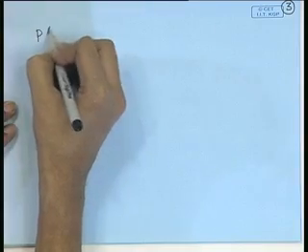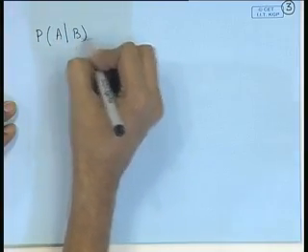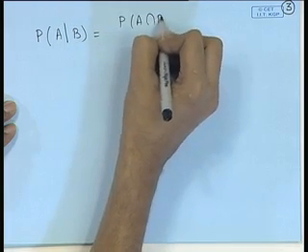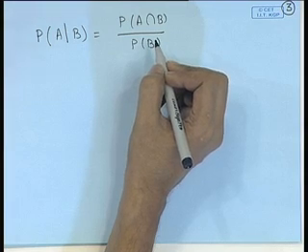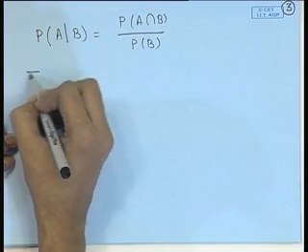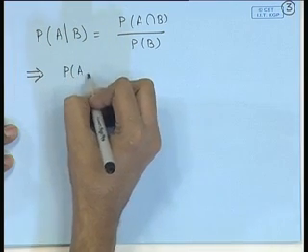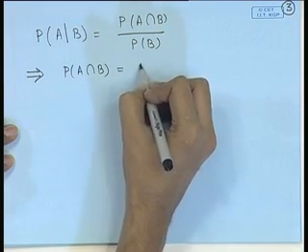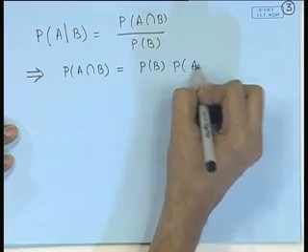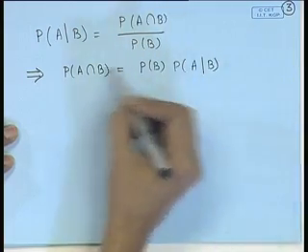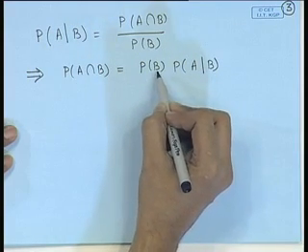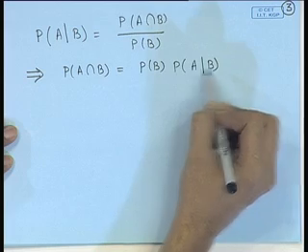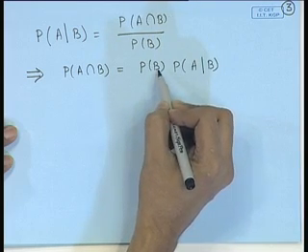Let us consider the statement probability of A given B is equal to probability of A intersection B divided by probability of B. This statement we can write as probability of A intersection B is equal to probability of B into probability of A given B. An interpretation of this statement is that the probability of simultaneous occurrence of A and B is equal to the conditional probability of A given B multiplied by the probability of B alone happening.